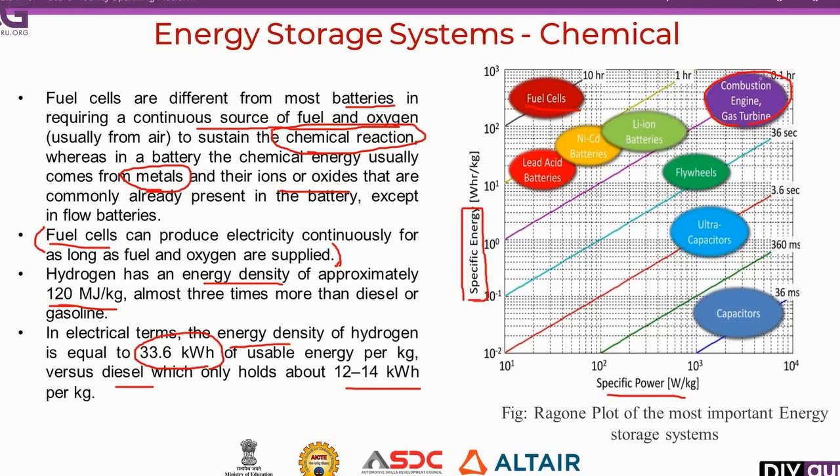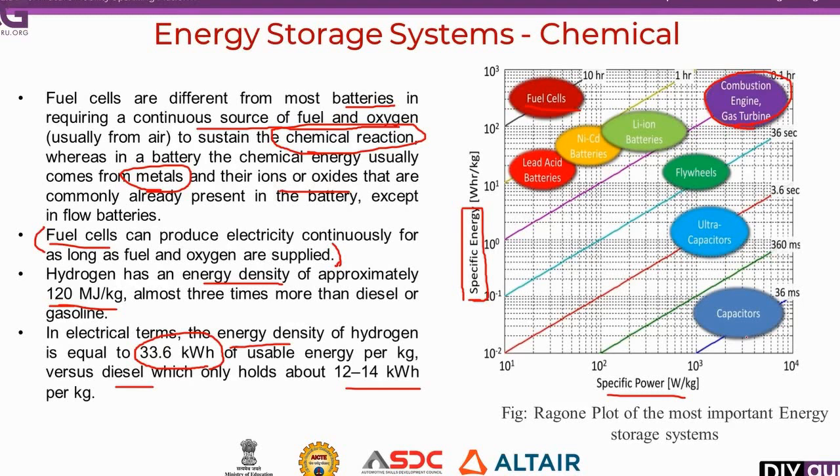Because of this reason, mostly we use this type of engines or gas turbines to produce energy. Since we are going to other types of energy storage systems, at present we are not considering this. Let us see other types of energy storage systems.